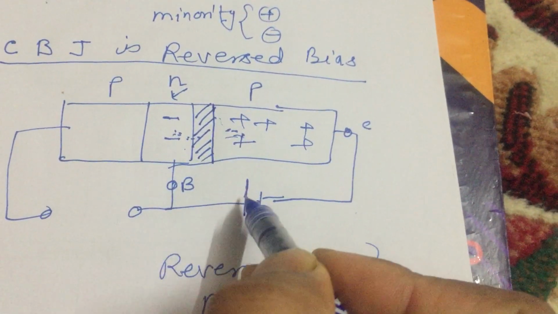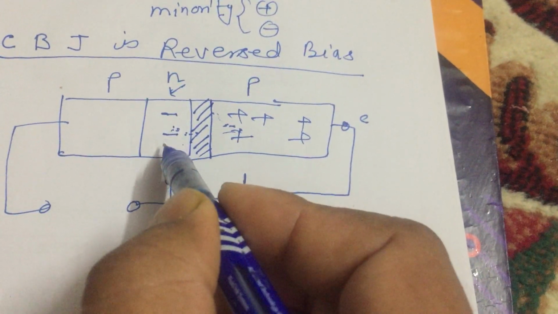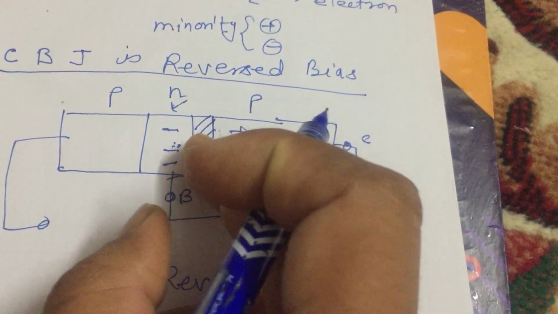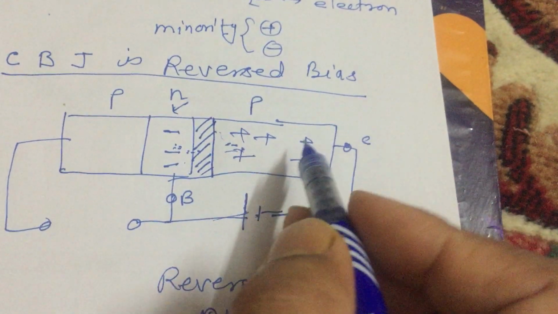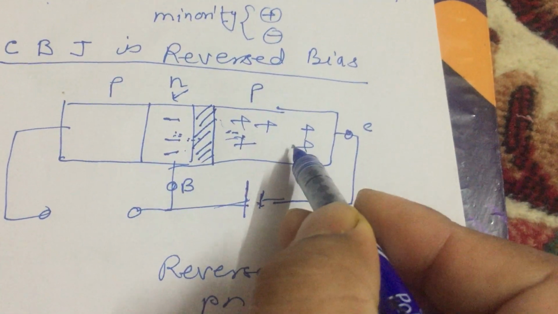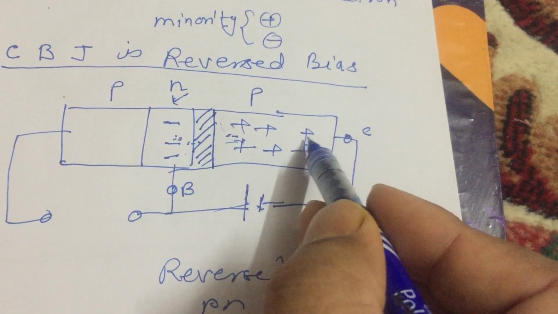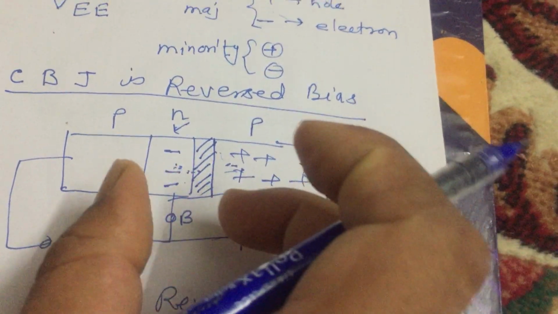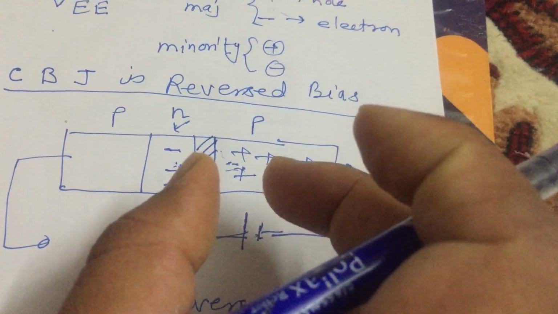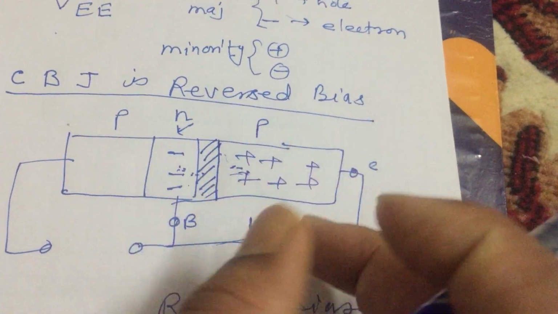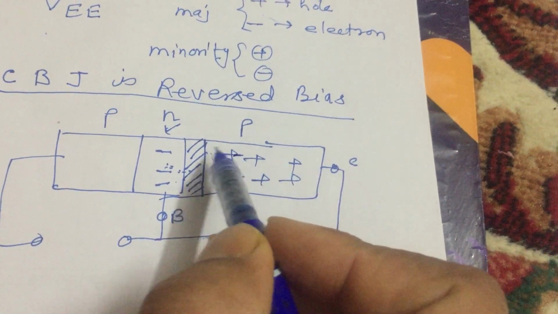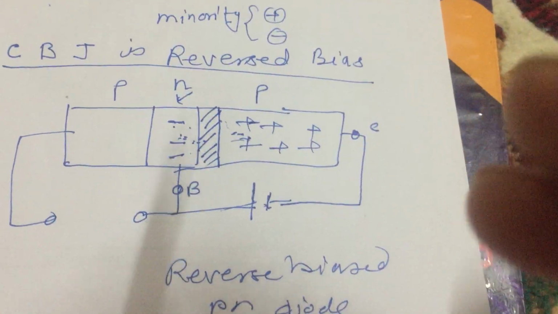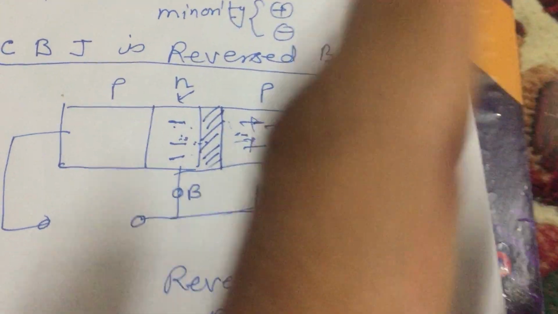So this positive will attract the majority electrons to move away from the junction, and this negative will attract the majority holes to move away from the junction. So there will be no crossing of majority charge carriers across the junction. No hole will cross the junction, and no electron will cross the junction. So we can say ideally there should be no current flow.